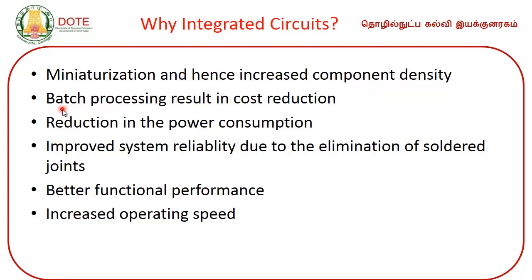Next, batch processing result in cost reduction. What is batch processing? ICs are fabricated in a batch. For see, in a 10 centimeter dia silicon wafer, it is possible to create 8000 squares.